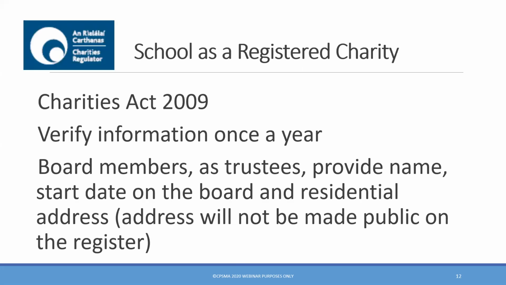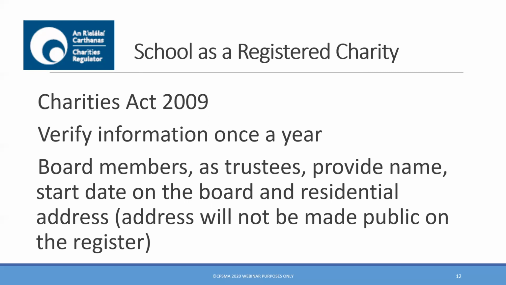Under the Charities Act 2009, there is a requirement for each Board of Management to have its school registered with the Charities Regulator and to verify this information once a year. As part of the registration process, Board of Management members, as charity trustees, are required to provide their name, start date on the board, and residential address.